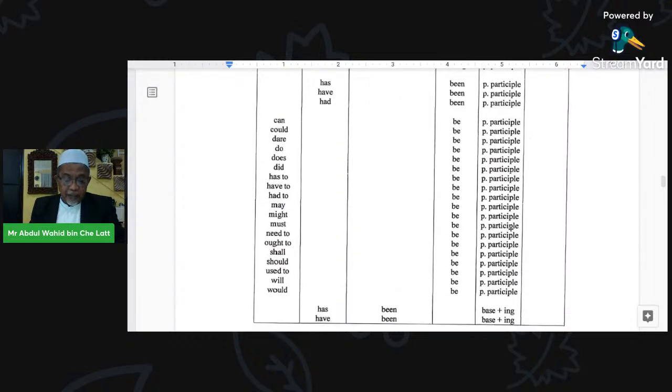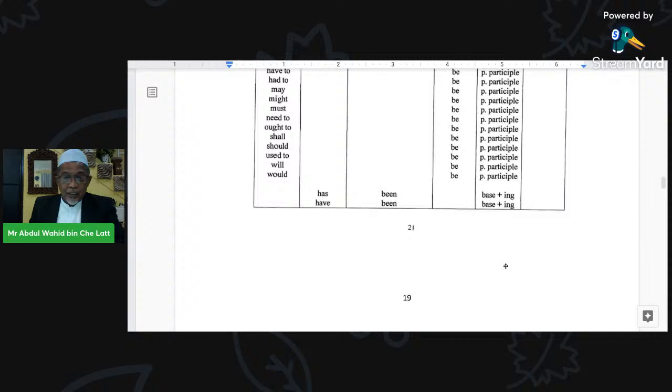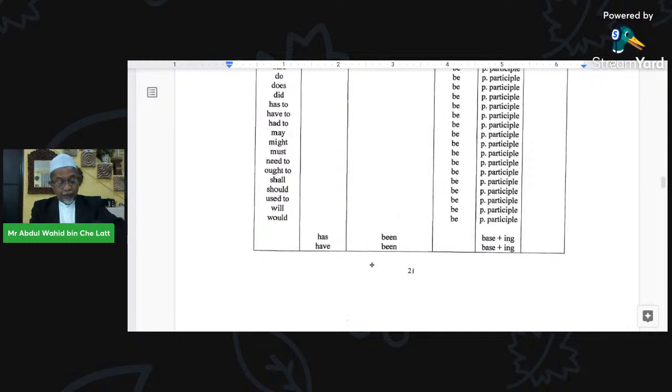So therefore, the verb phrase for masih menunggu will be has been waiting. So the whole sentence will read, Siti has been waiting for her mother to arrive since this morning. Okay, sentence number 5.